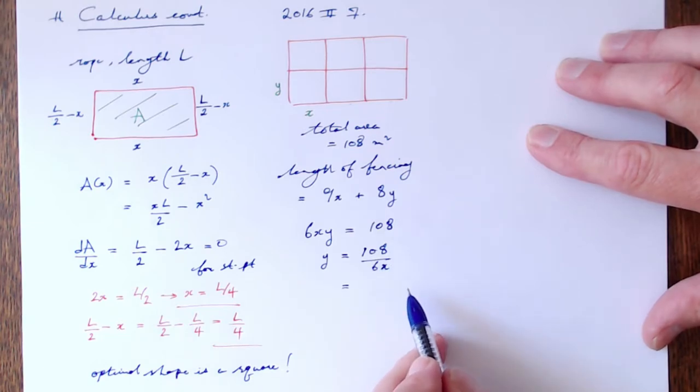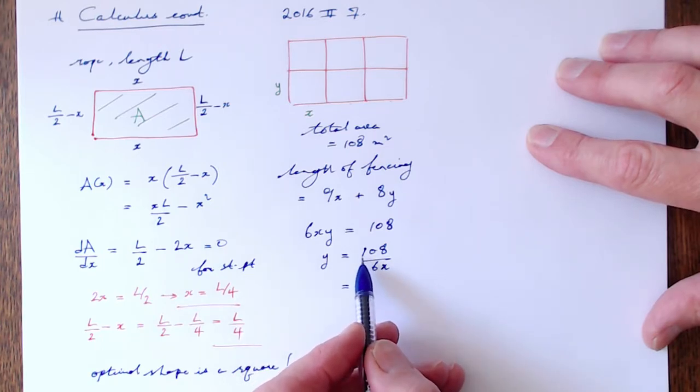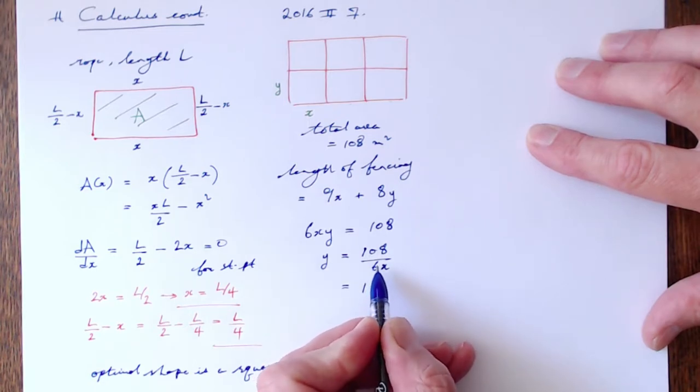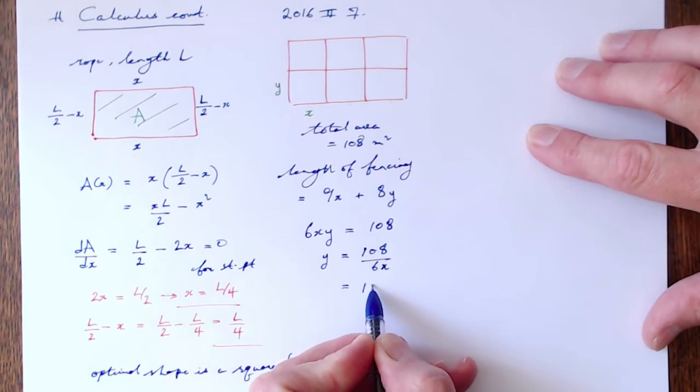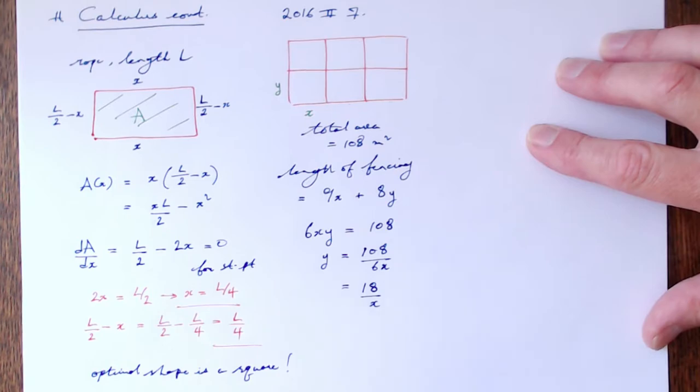Dividing 6 into 108, I have, let's see, finding this harder than I should. 6's into 10 go 1, and 6's into 48 go 8. So that is 18 over x.